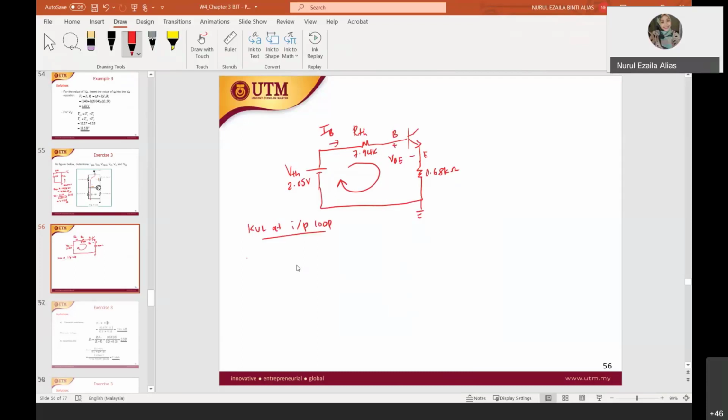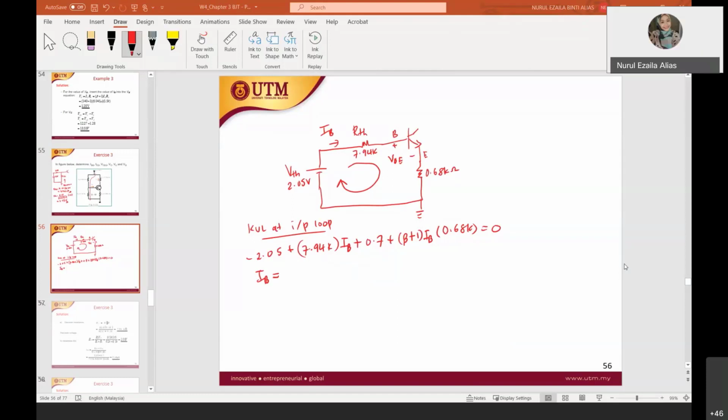So you have negative 2.05 plus 7.94K IB plus 0.7 plus beta plus 1 IB, RE is 0.68K ohm equal to 0. Wow, what a long equation. How much is IB? 21.4 microampere. Wen Chuan has the right answer there.